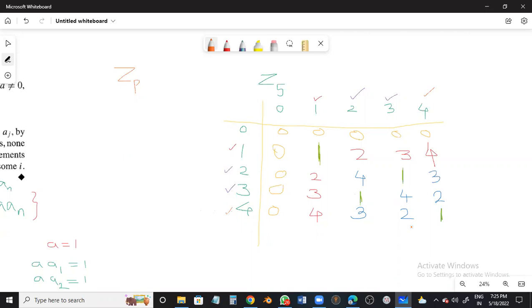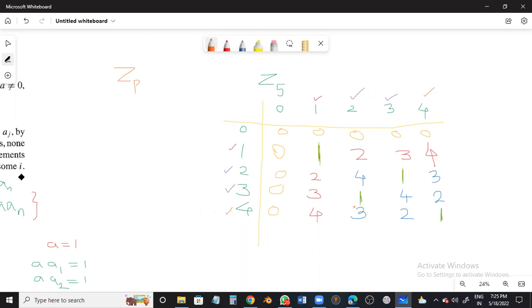Multiplied to 3, I got a 2. And by multiplication to 4, I got 1. So somewhere I ought to get 1. And if at all you get the product to be 1, we say they are inverses of each other.